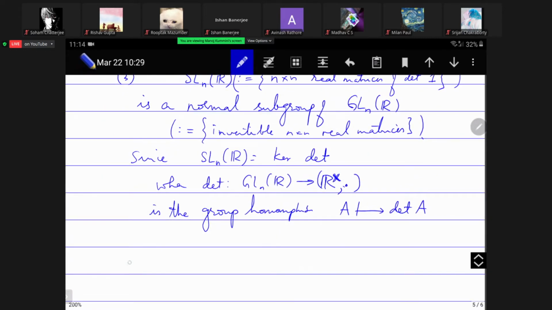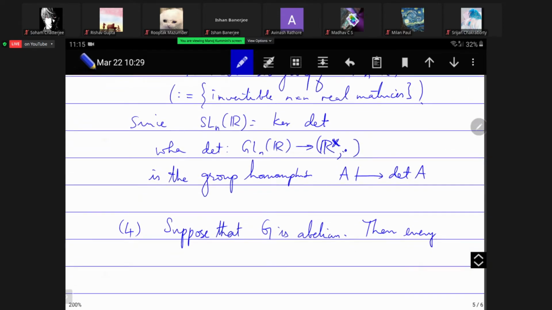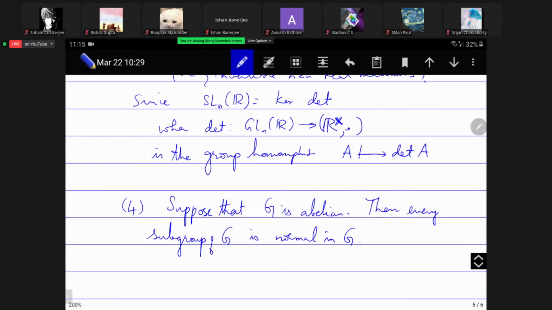And for another example, suppose that G is abelian. Then every subgroup of G is normal in G. Why is that so?